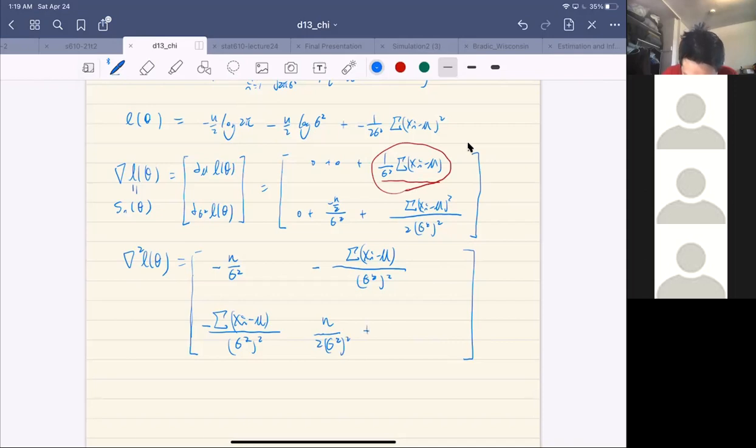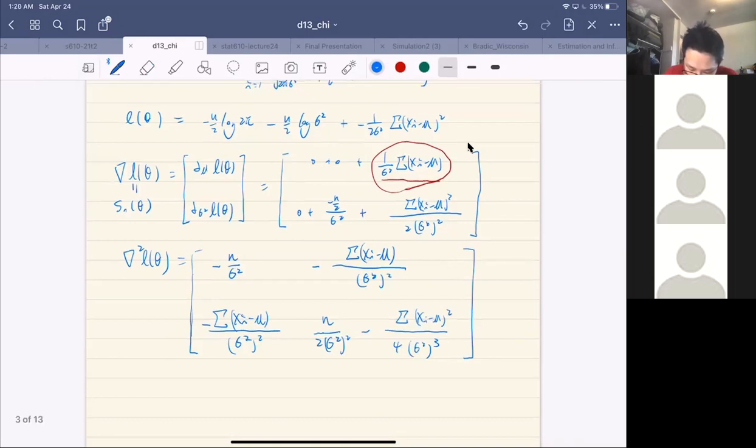And this one we have negative, over sigma squared to the power 3. It's like x to the negative 2, so the derivative is negative 2 x to the negative 3. So it's like this.